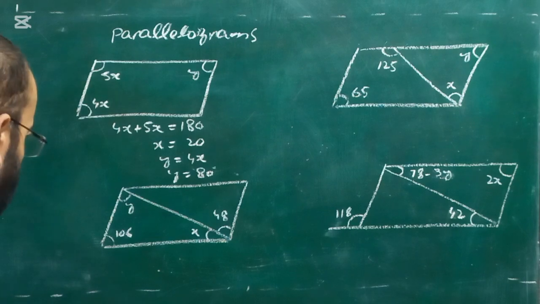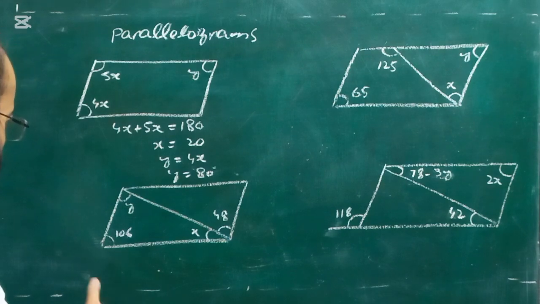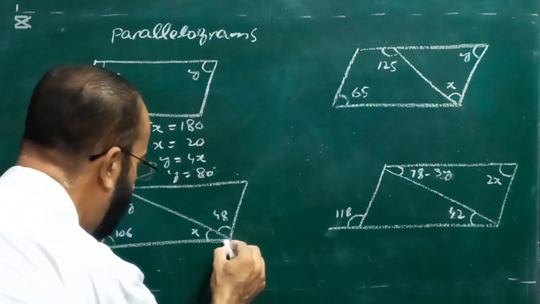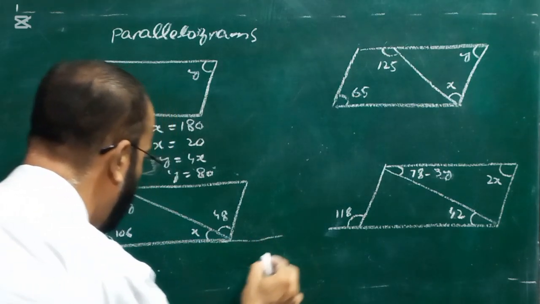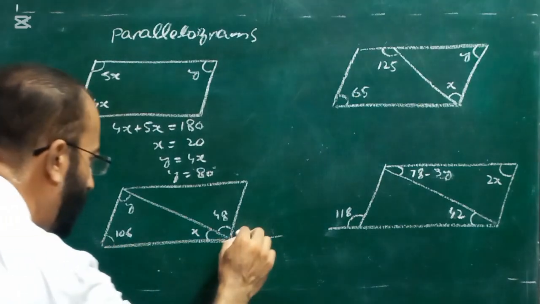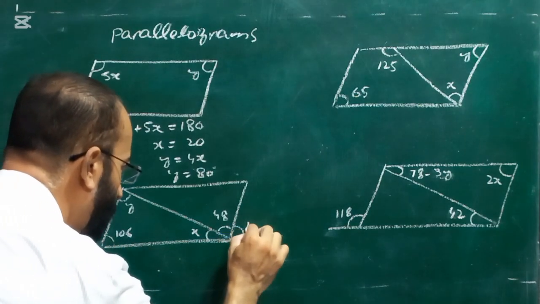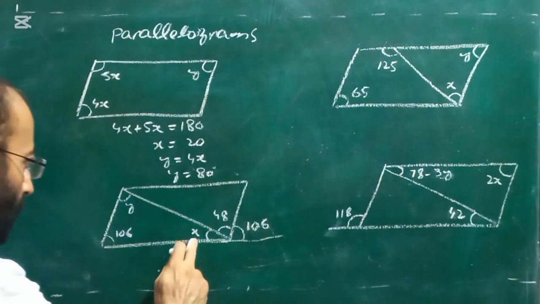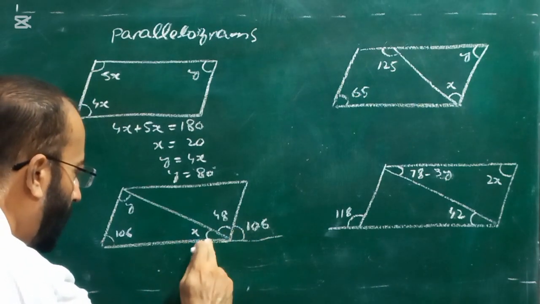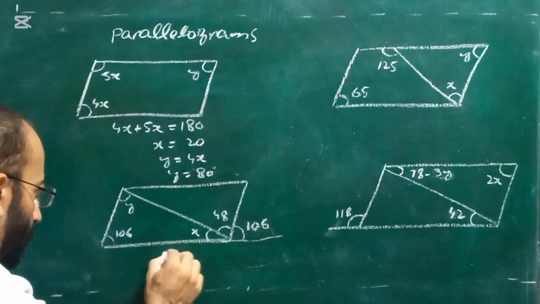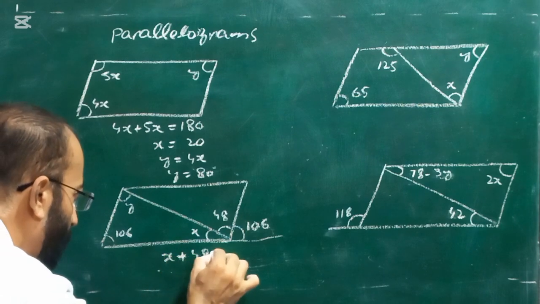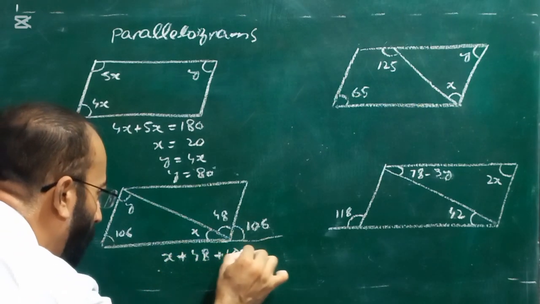If you look at this part, x and y are missing. If we extend this line, this is 106. So this will also be 106 because of the corresponding angles. Now if we sum all these three angles, this should be equal to 180 degrees, because the sum of the angles on a straight line is 180 degrees.